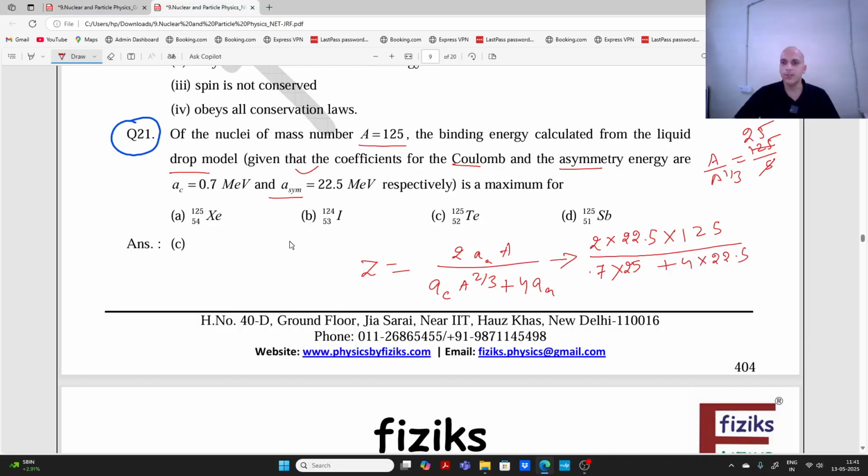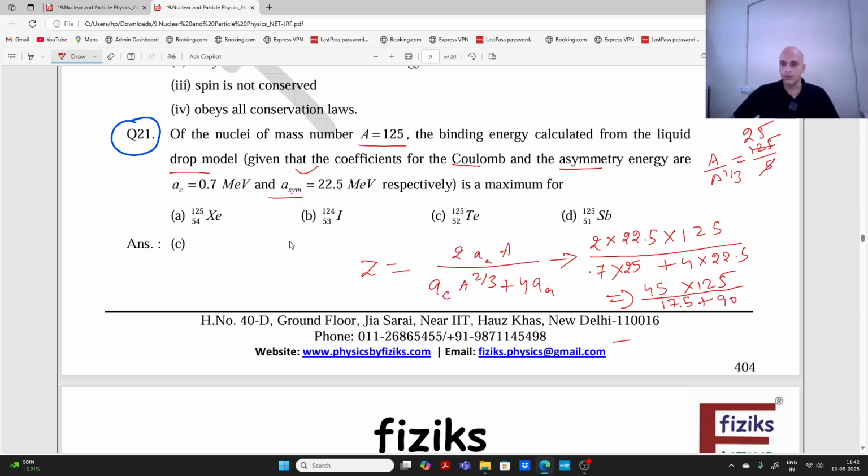So when I simplify it, in the next step I get 45 into 125 divided by, when I multiply it, 25 into 0.7 which is 17.5, plus 22.5 into 4, that gives me 90.